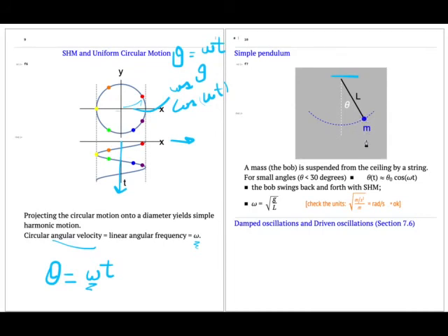Earth's gravity is going to pull it down. But the string is going to pull it up towards the suspension point. A string can only pull an object; you can't push something with a string. So the string will pull the mass up towards the point where it's suspended on the ceiling.